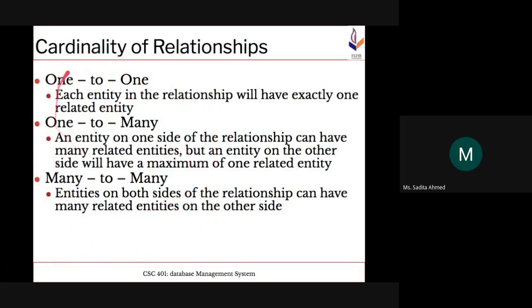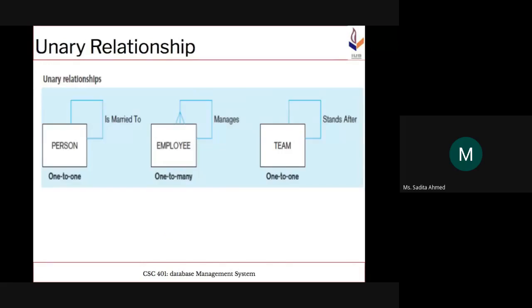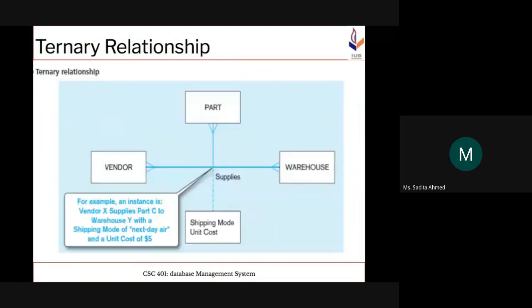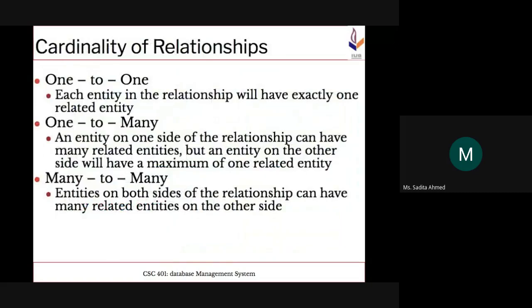We already have some idea of the cardinality of relationships. So, we say one-to-one, one-to-many, many-to-many, all of these are types of relationships based on cardinality. Just how relationships can be of three types based on degree, relationships can be of three types based on cardinality as well. You could have one-to-one relationships where you associate exactly one entity instance with another entity instance.